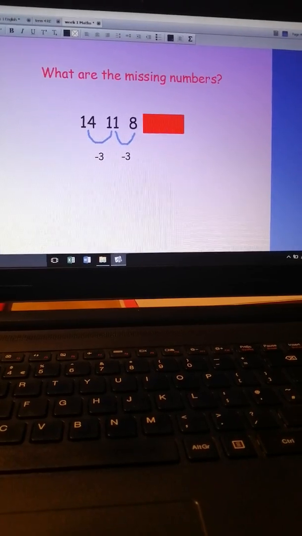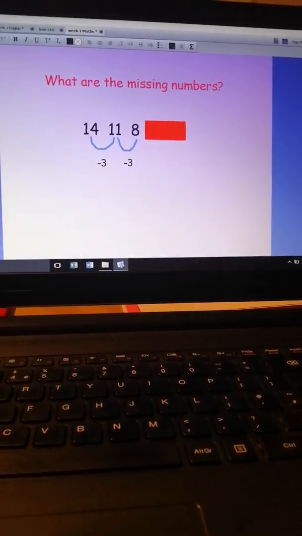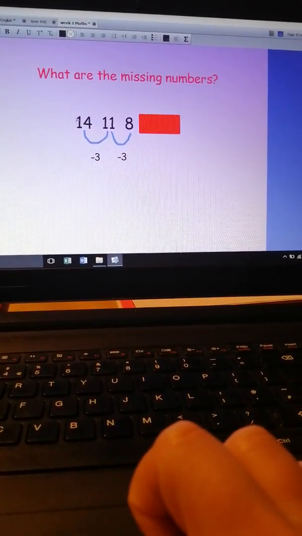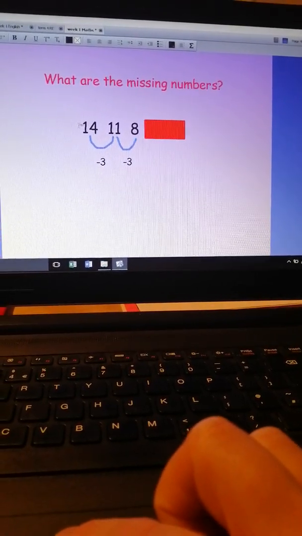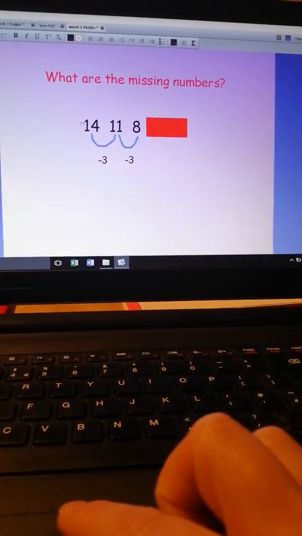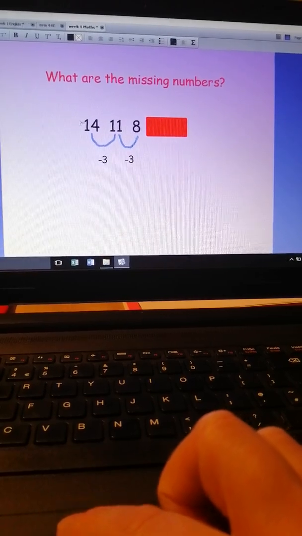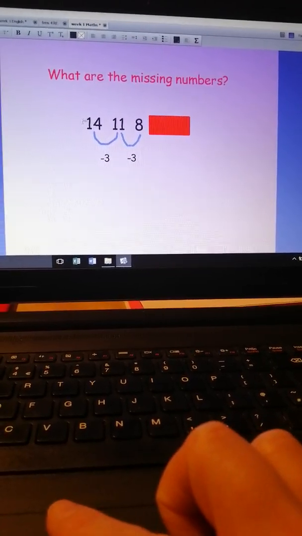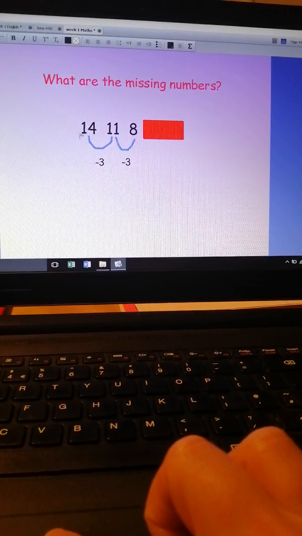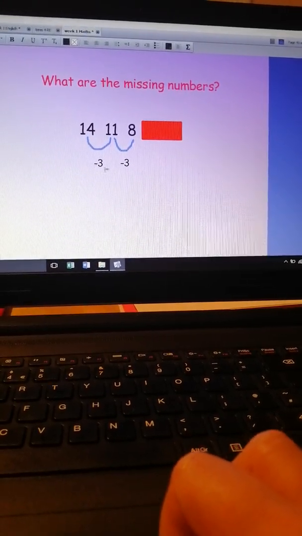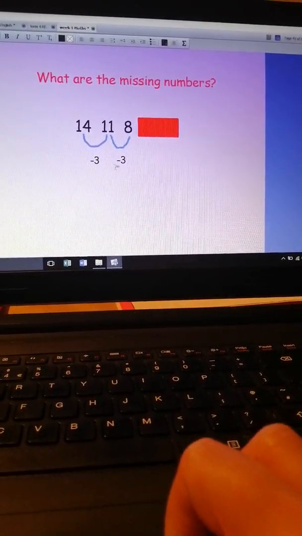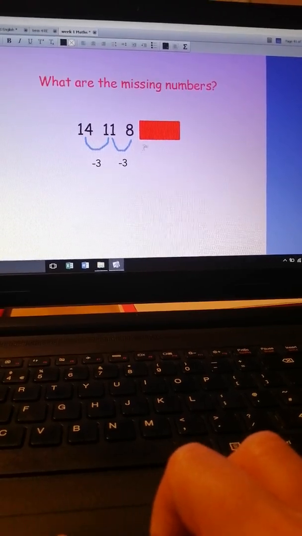Okay, can you work out the 2 missing numbers this time? So first thing to look at, are the numbers increasing or decreasing? I've helped you a little bit by adding the pattern. I'm taking away 3 each time.